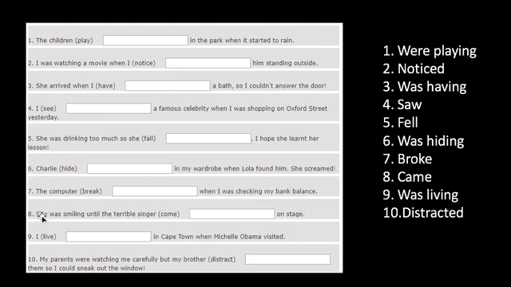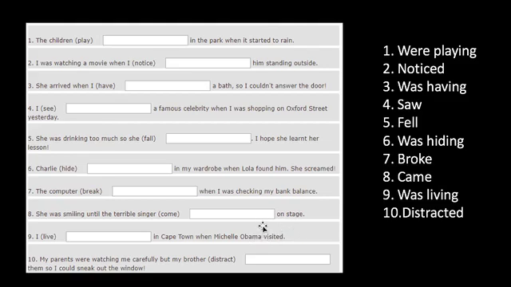Number 8, she was smiling until the terrible singer... Check, here is the past continuous. She was smiling until the terrible singer came on stage. Number 9. I was living in Cape Town when Michelle Obama visited.